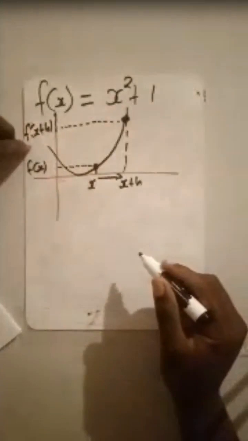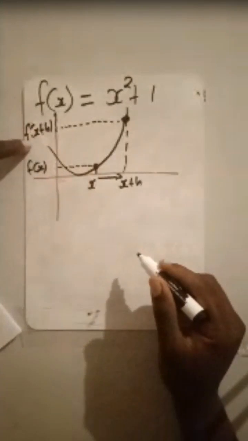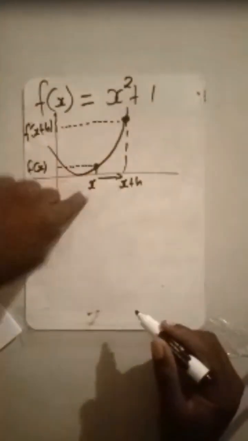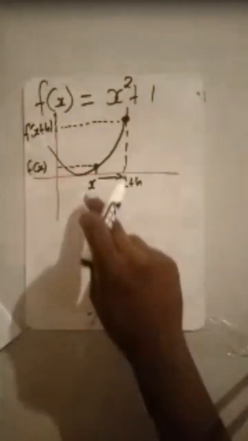So to get the y coordinate of this point, we use the function notation, f of x plus h, and to get the y coordinate here, it is f of x. We substitute x into the formula.